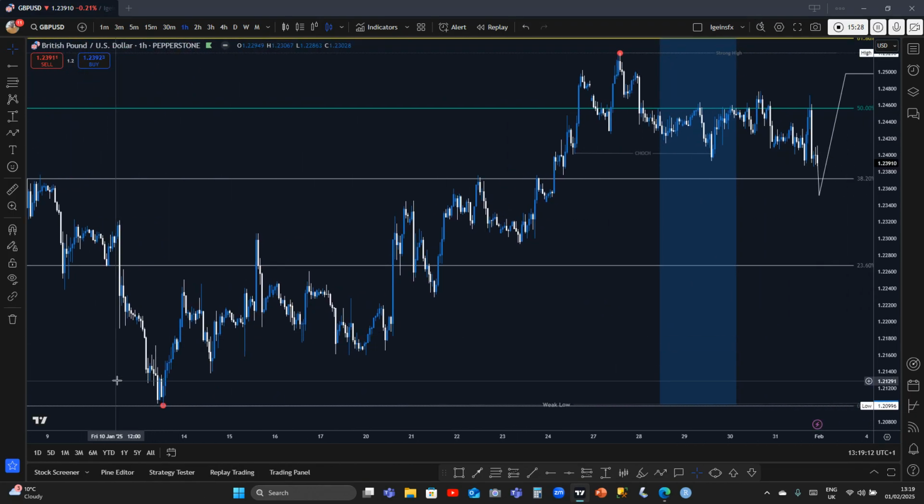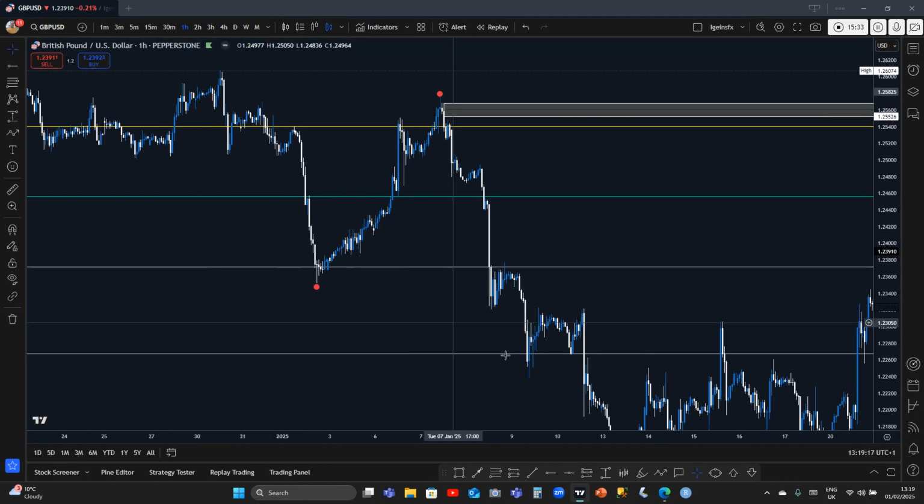So this is just a pullback, a relief moment for this push to the downside.